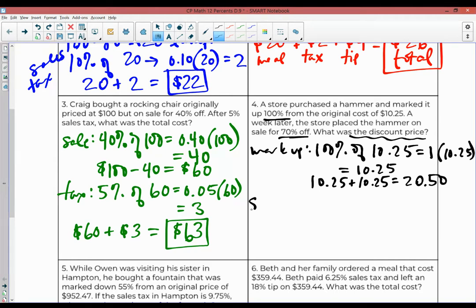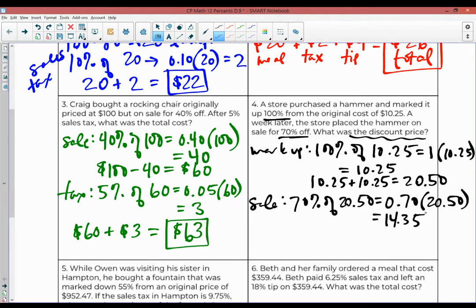So now we have the sale. So now I want to know what 70% of 20.50 is. So I do 0.70 times 20.50, which is 14.35.